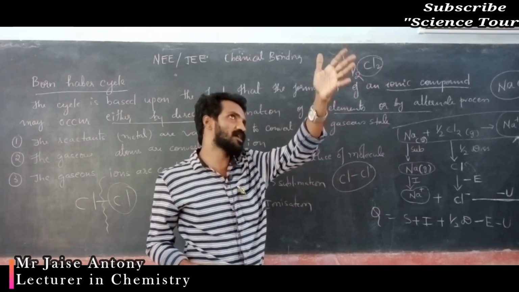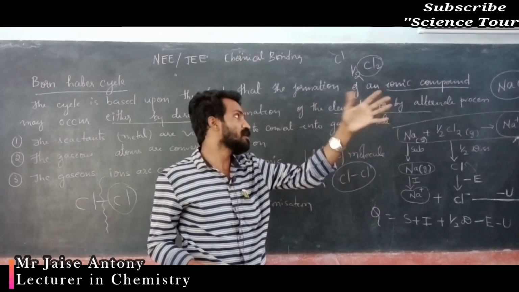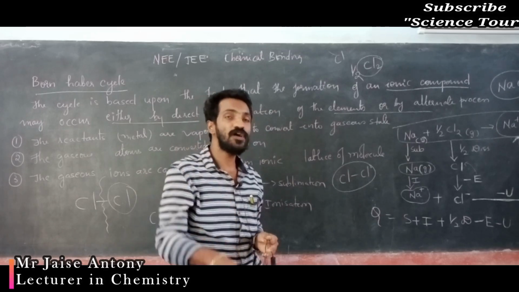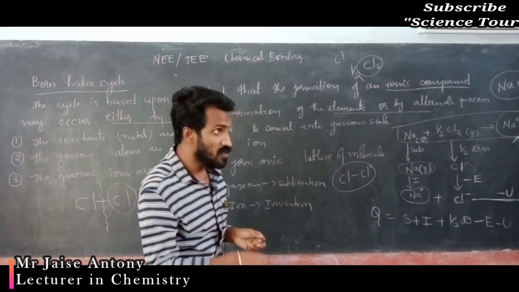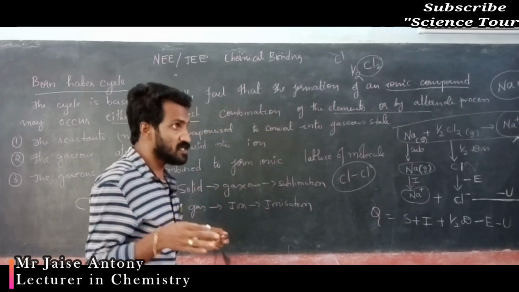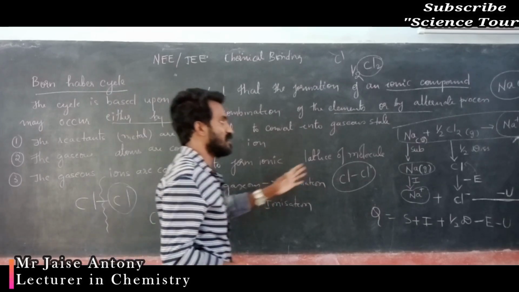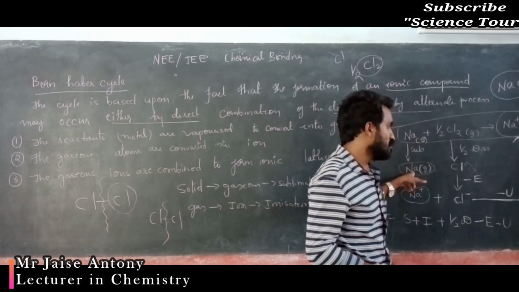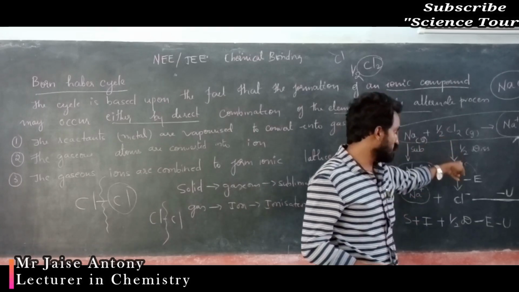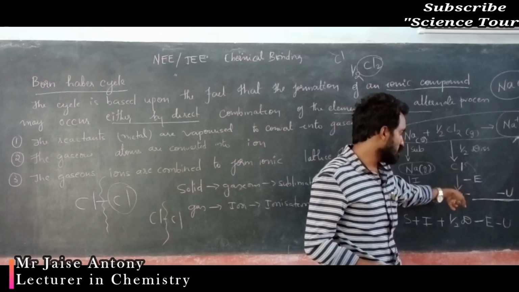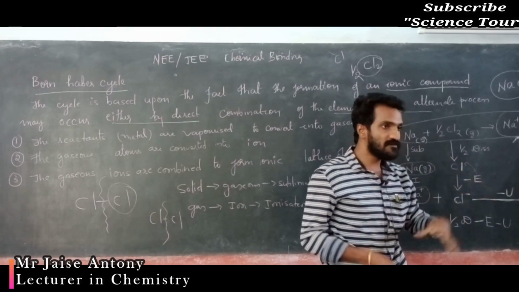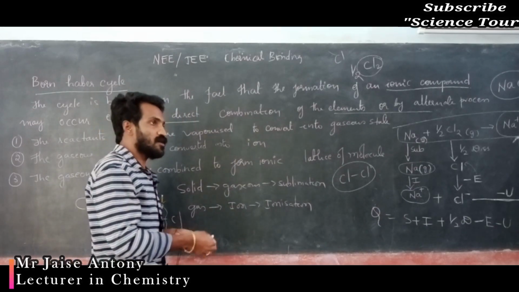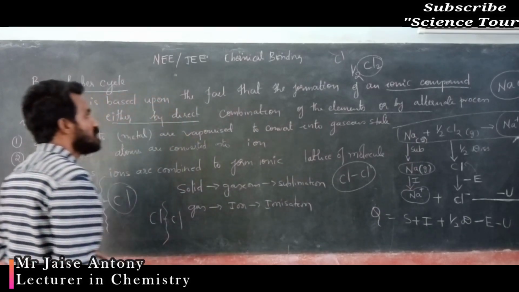Sodium will get converted into gas, gas will get converted into ion, and the chlorine molecule will dissociate into chlorine atoms, which get converted into chloride ions. All these alternate processes together are called a cycle of operation. Each time you convert from one step to the next, and all together it is a cycle, that is called the Born-Haber cycle.